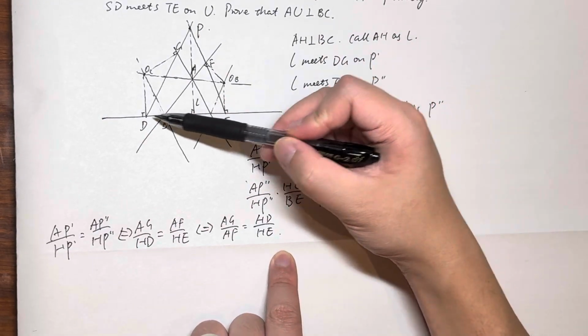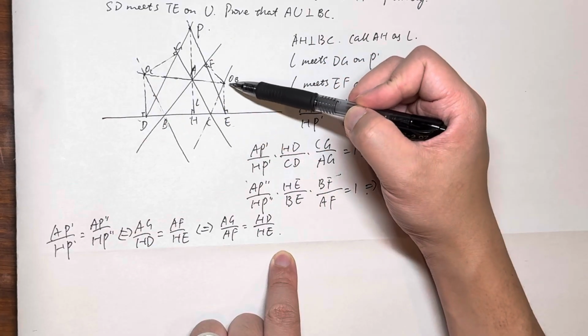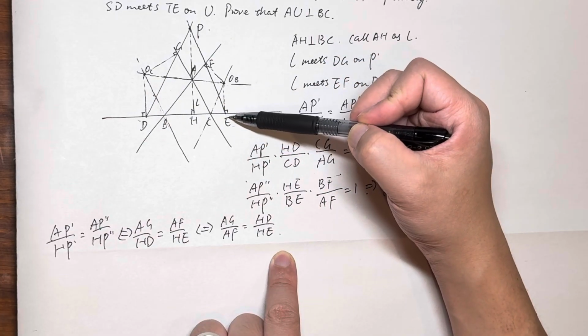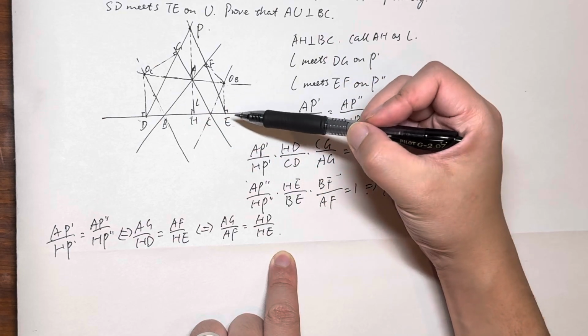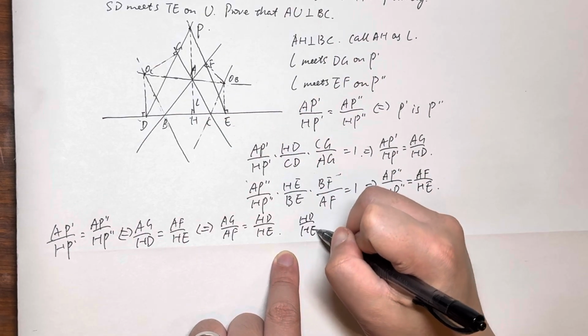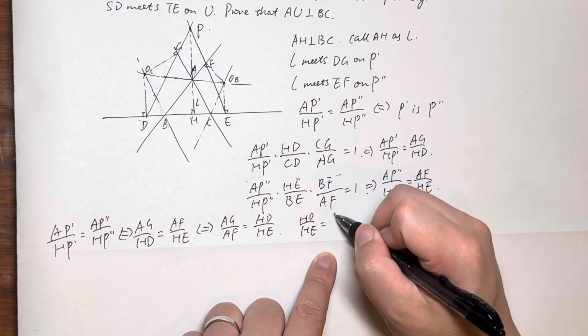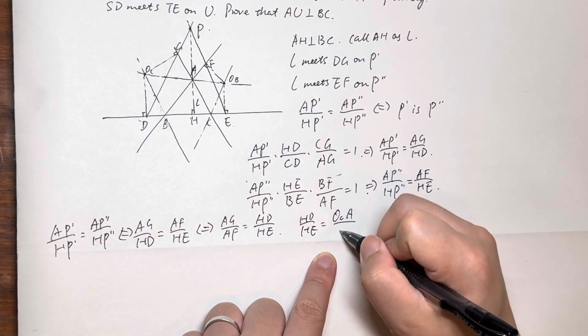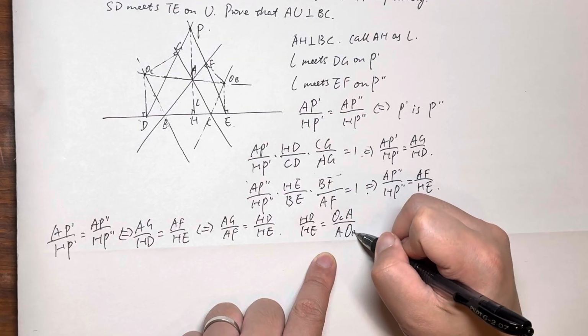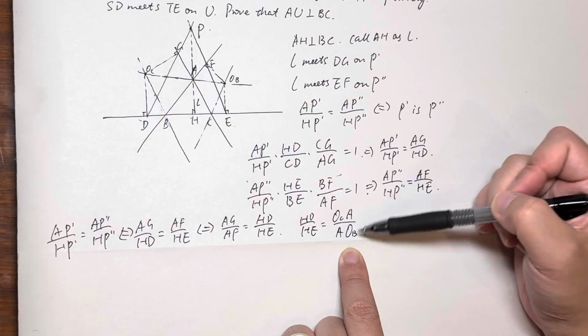And we know that HD to HE, because OCD, AH and OBE are parallel lines, equals OCA to AOB, right? That's HD to HE.